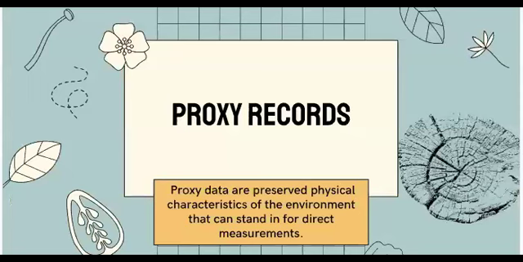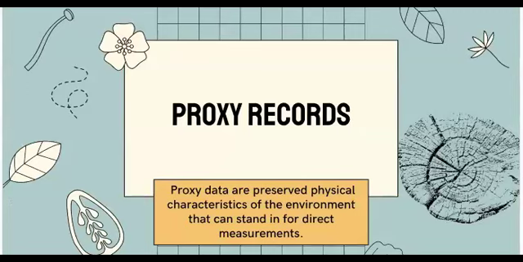So a proxy record is data sets of preserved physical characteristics of the environment that stand in for direct measurements. So a proxy record tells us things about our environment and our Earth in the past. So it can approximate something else.